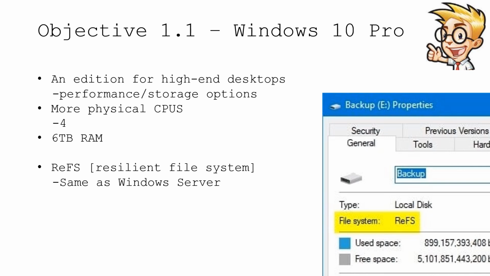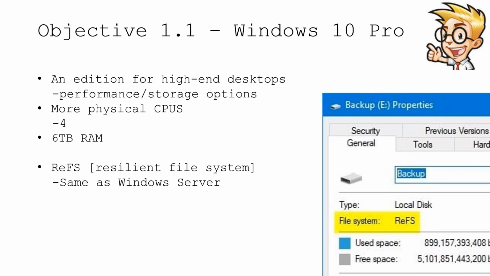For users that need more enhanced capabilities, there is Windows 10 Pro for workstations. This is specifically built for high-end desktops or someone who needs to really push the capabilities of the operating system. Windows 10 Pro for workstations allows you to have up to 4 physical CPUs in the device and a maximum amount of RAM of 6 terabytes.